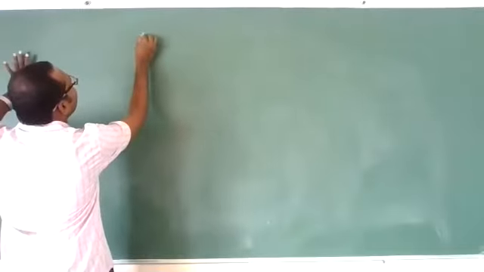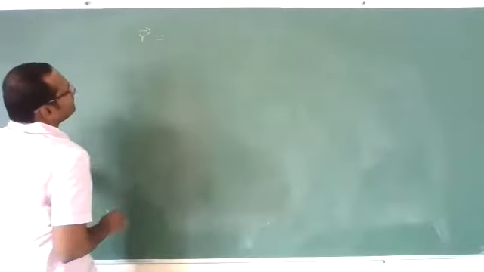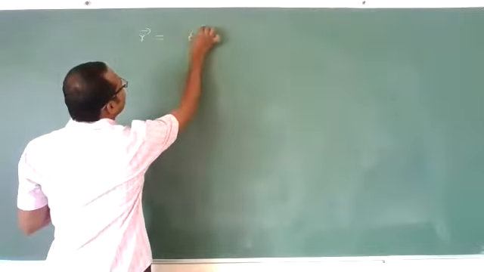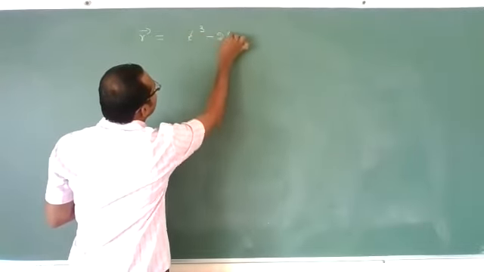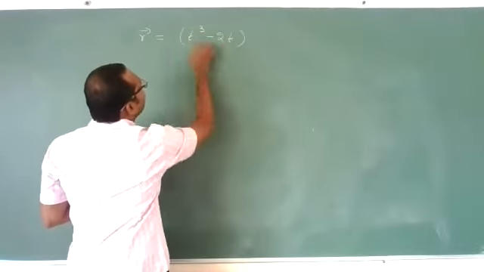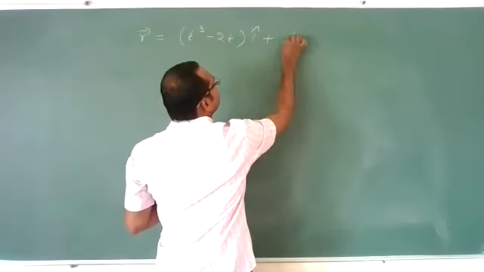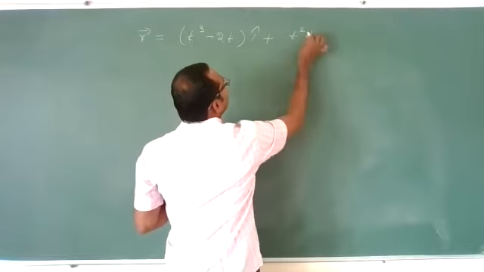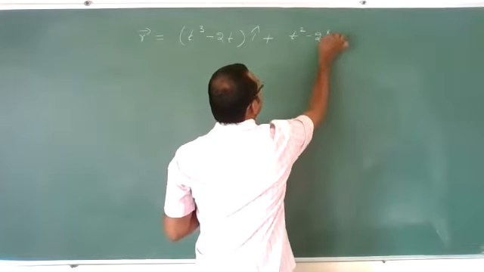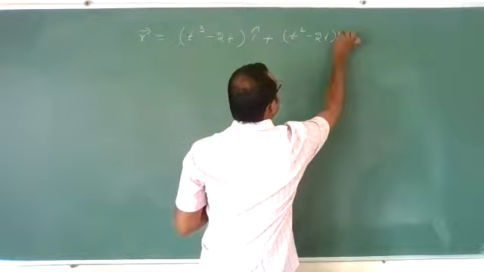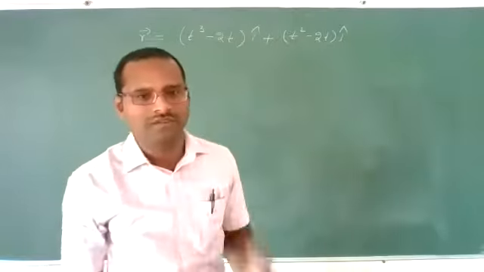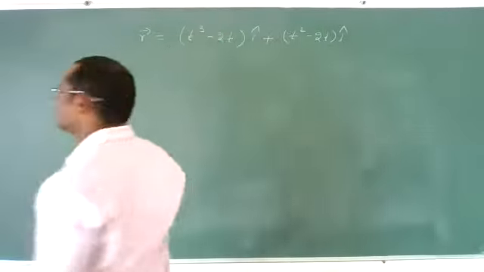The position vector of a particle is given as t cube minus 2t i cap plus t square minus 2t j cap. This is the equation that I gave.